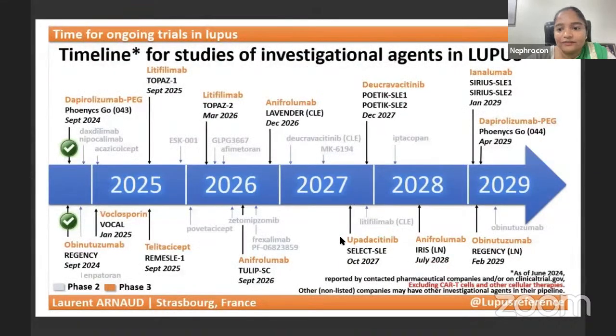We have these drugs in the pipeline, and 2 trials were recently completed in the month of September, the REGENCY trial and the PHOENIX trial, in which obinutuzumab is having promising outcomes, especially in cases of lupus nephritis. The ones you can see in orange here are phase 3 trials, and the gray ones are phase 2 trials.